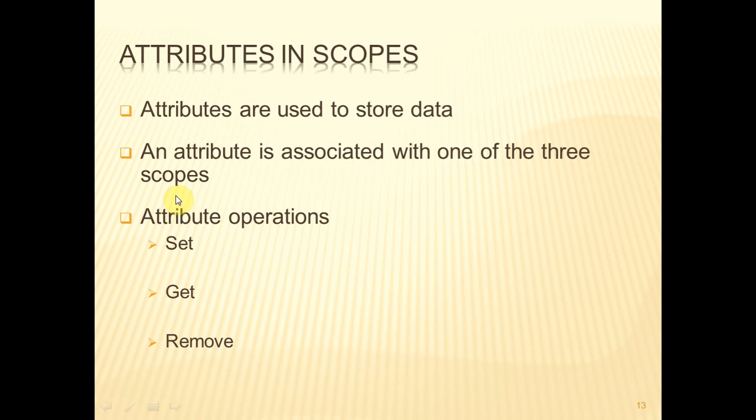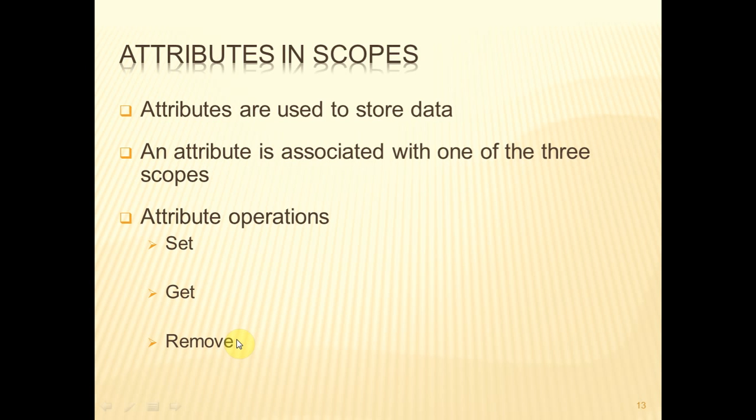We do that by setting an attribute, which will then create the attribute in the nominated scope. We can then get access to that attribute by calling the get method. We'll look at that in detail in a moment. And we can remove the attribute from the scope by calling the associated remove method.